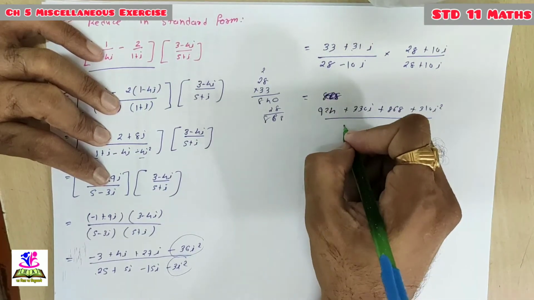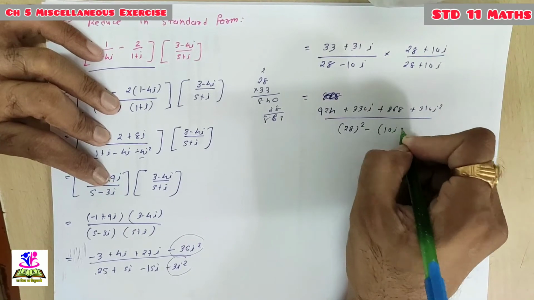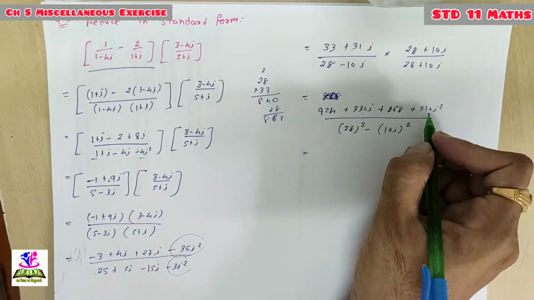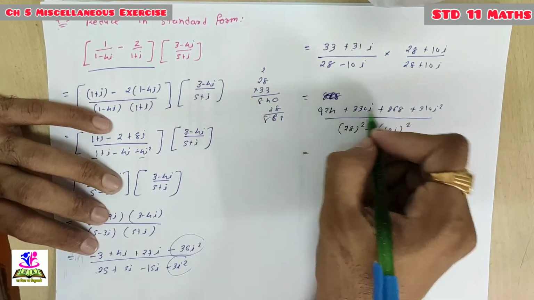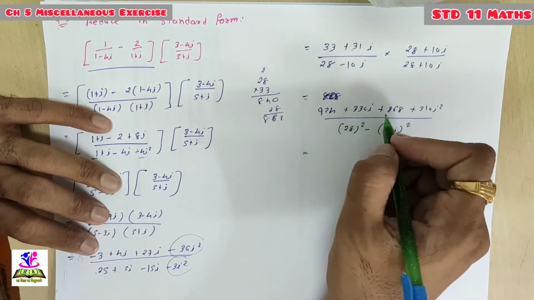Now the denominator: it's 28 square minus 10i square. So 310 i square, so it's minus 310. So 924 minus 310, how much will it be? 614.